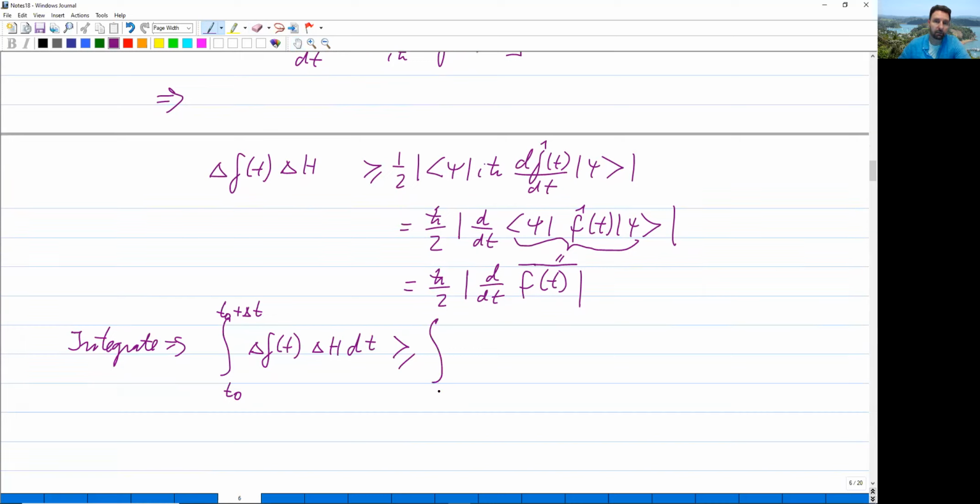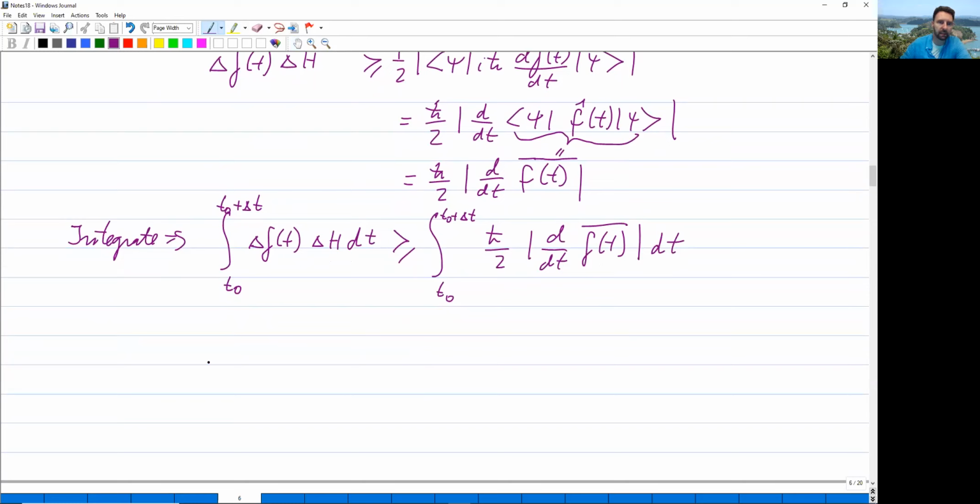So the integral from t naught to t naught plus delta t, h bar half, and then d by dt, f of t bar, dt. Now we can pull this delta h in front of the integral because it's a constant number.